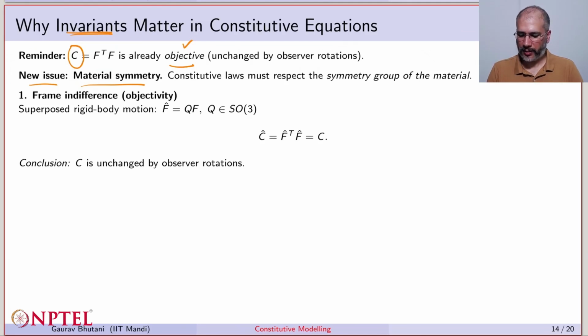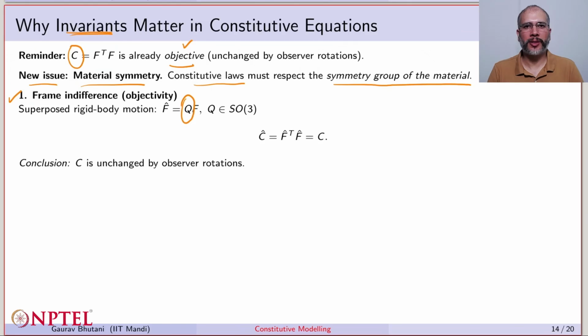And as we said, the constitutive laws must respect the symmetry of the material, or the symmetry group of the material. So basically the material may not be completely anisotropic. It may be isotropic in certain directions, like an orthotropic material. So this is checked. We already checked for the objectivity of C. And by the way, in this slide, I'm using a slightly different notation: instead of the matrix A, I use the matrix Q because that is more standard in the literature.